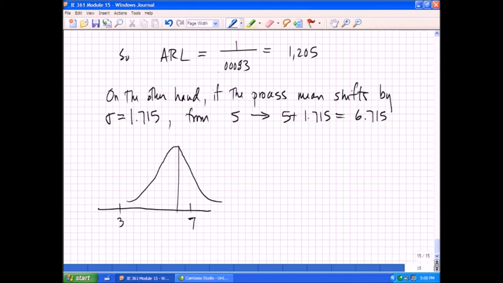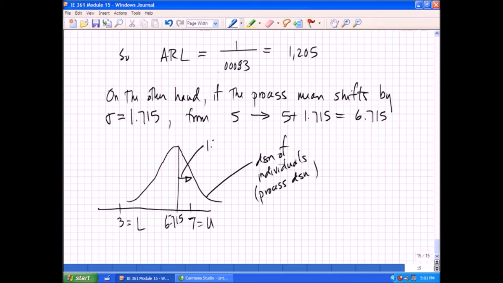upper specification. So this is U, this is L, this is 6.715. What I'm showing you here is the distribution of individuals. This is the process distribution now, where the standard deviation is still going to be 1.715 for this what-if calculation.